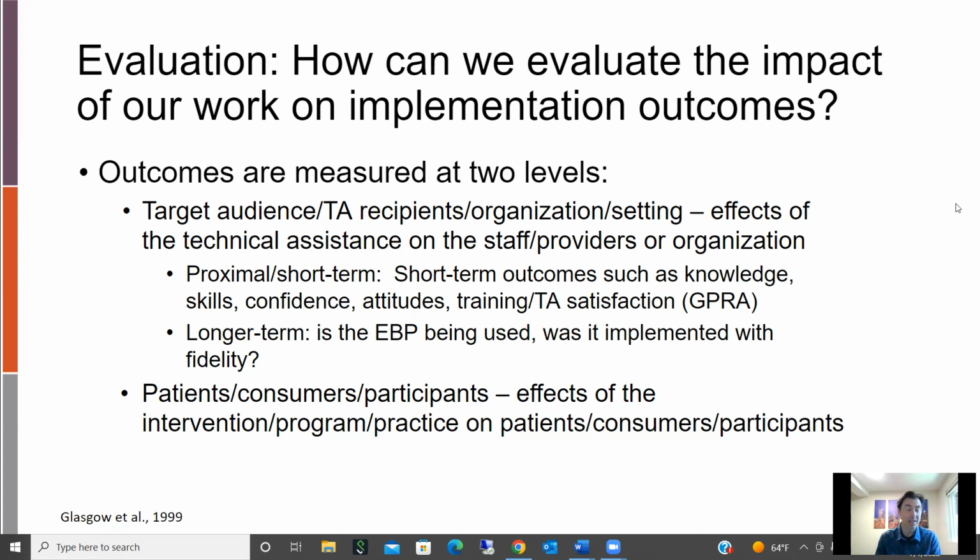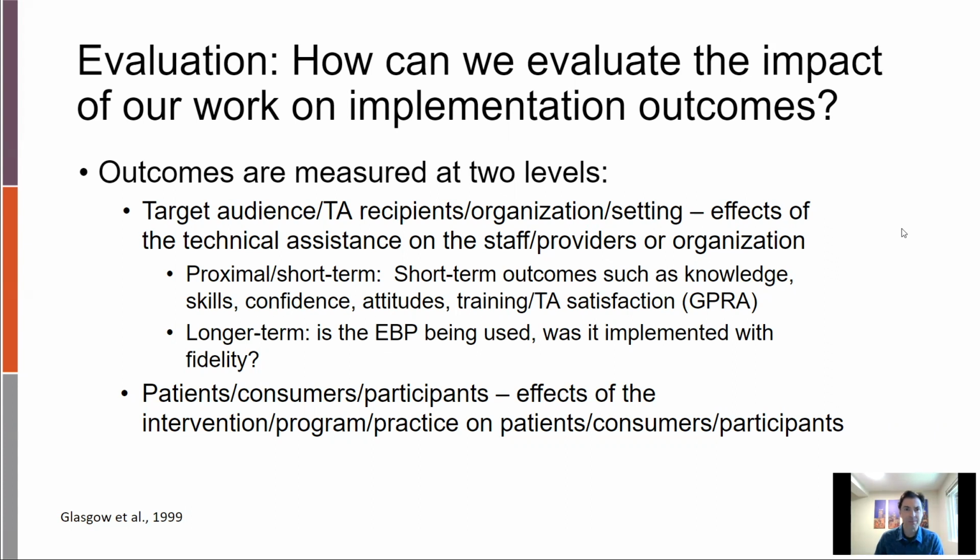But we also can look at the patient or consumer or participant, student, whatever our population of interest is. Ultimately, we can look at that level and actually look at outcomes, the effects of a particular intervention or program or practice or strategy on that particular population. We'll keep that in mind as I go through these several slides today to think about evaluation.